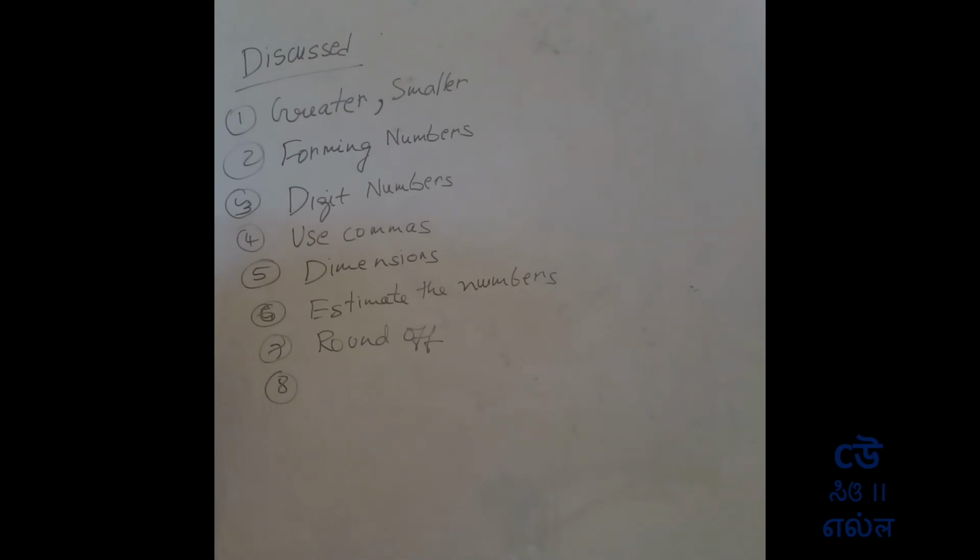Next we learned how to use the brackets and solve the given problem. Next, ninth, what did we learn? We learned how to write the Roman numerals for the given Arabic numbers, right?